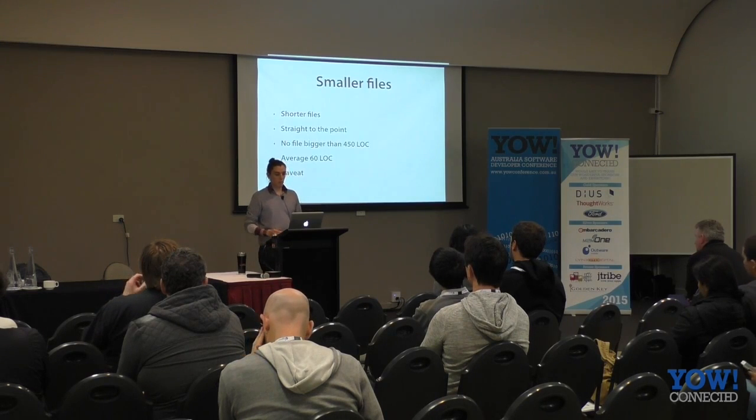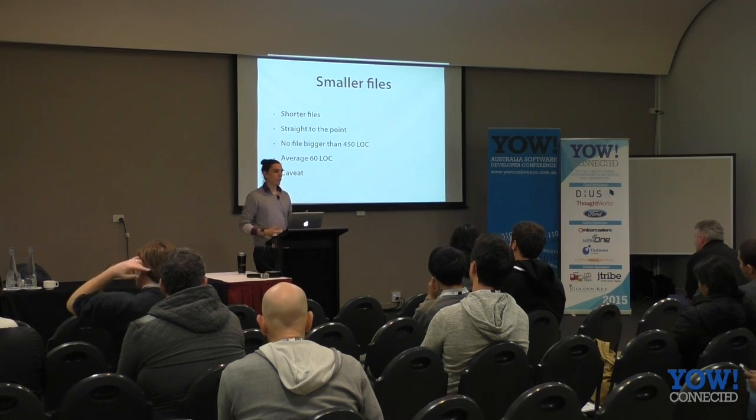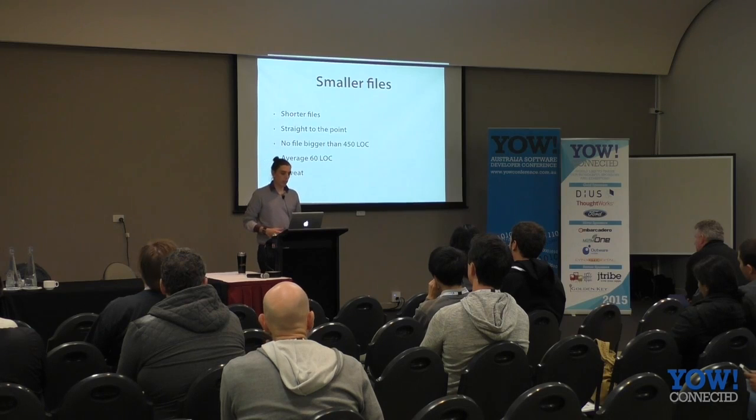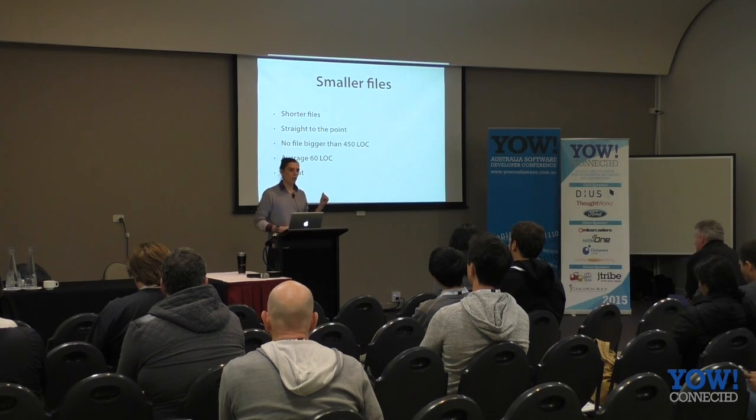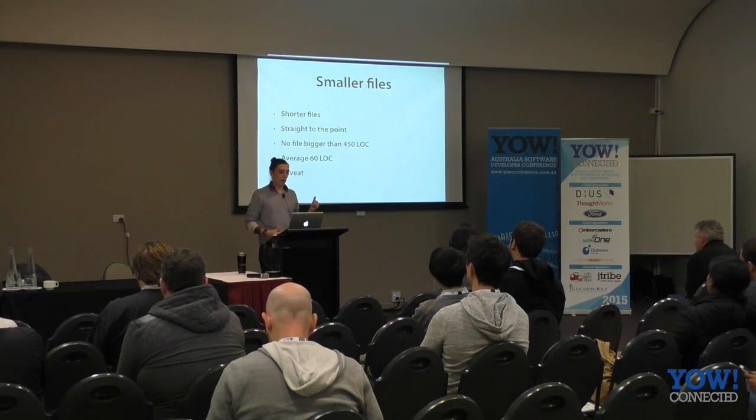Another positive aspect of using VIPER was that by having this clear-cut approach, your classes end up doing less. So your files are shorter and straight to the point. On Project F, a big enterprise project, we didn't have any file bigger than 450 lines of code. When I was joking about the 1,000-line view controller, that's something we've all seen in a lot of projects.